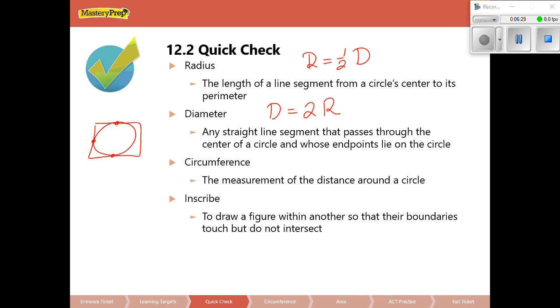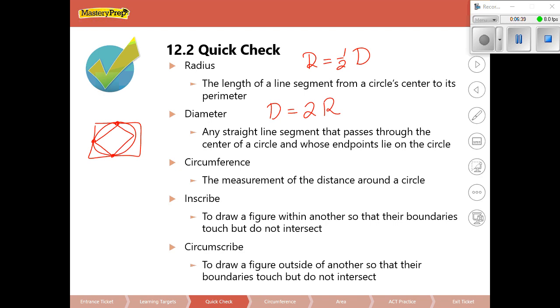Then it would be inscribed inside the circle. And circumscribe is to draw a figure outside of another so that their boundaries touch but do not intersect. So inscribed is in the center, circumscribe is on the outside.